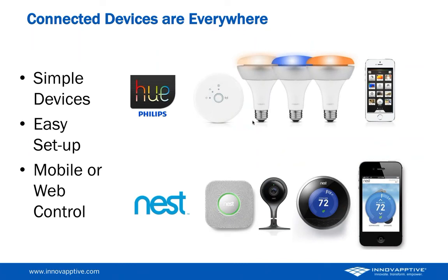And here's an example of in our own personal life, where Philips and Nest have provided us with, in essence, these connected devices in our home. And you'll notice that on the right side there is the phone. So the phone is really the point of engagement for us as consumers. It is what we carry around.